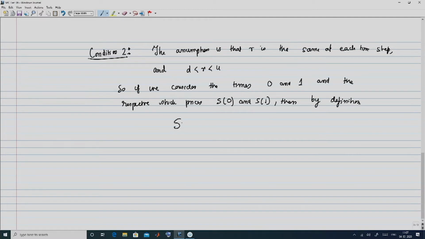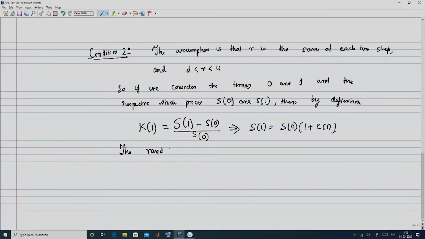We will get k of 1 equal to S of 1 minus S0 divided by S0, and this implies that S of 1 is equal to S0 into 1 plus k of 1.